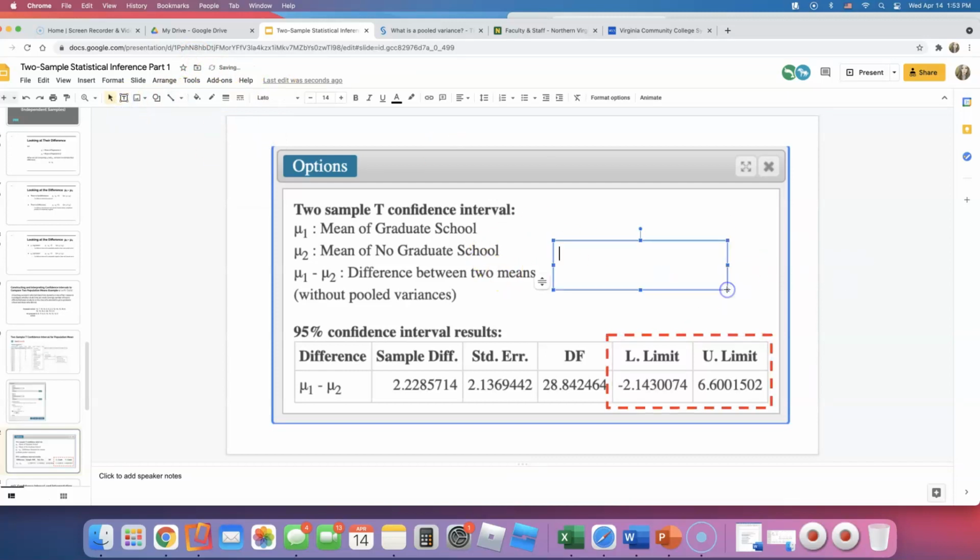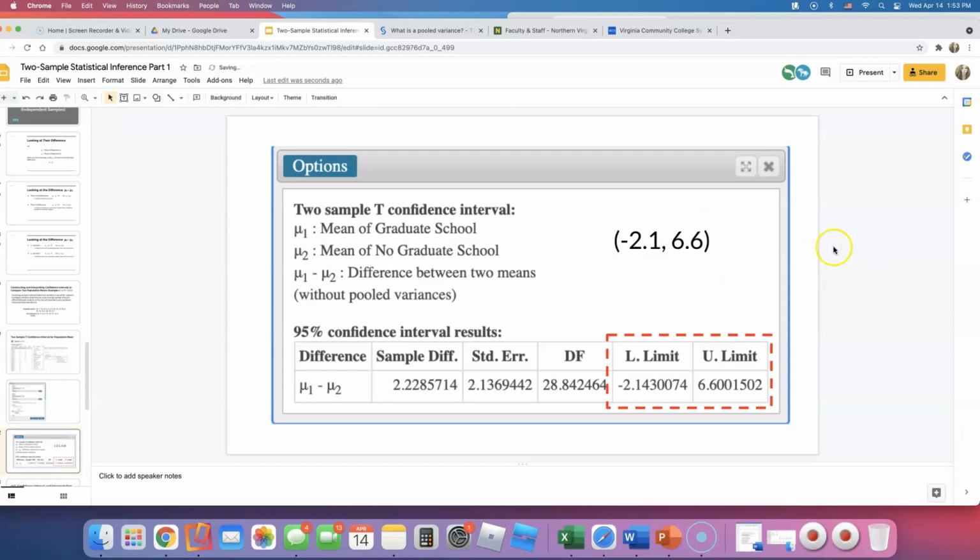So the confidence interval is from negative 2.143 to 6.6. Just to match the rounding type, how about I just round it like this? What we need to talk about is what significant number this interval contains. All right, take a look.